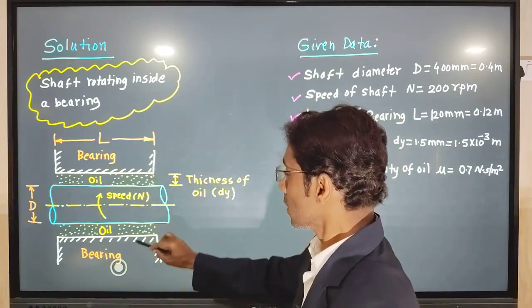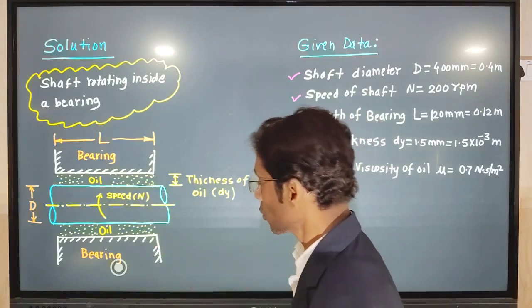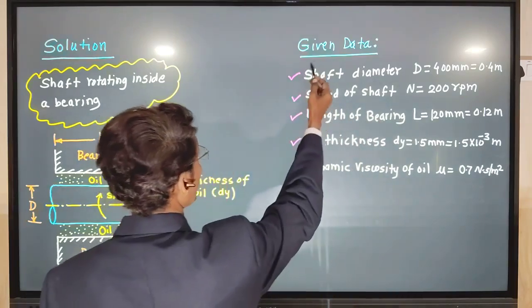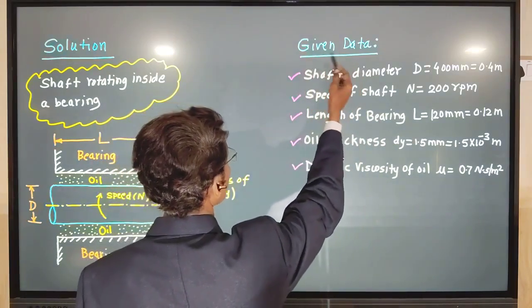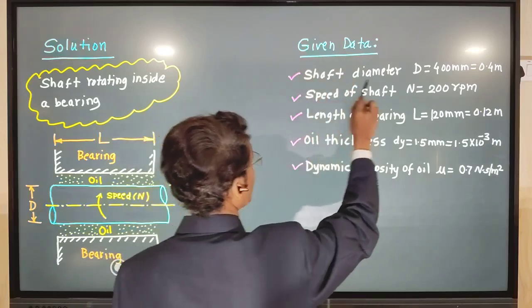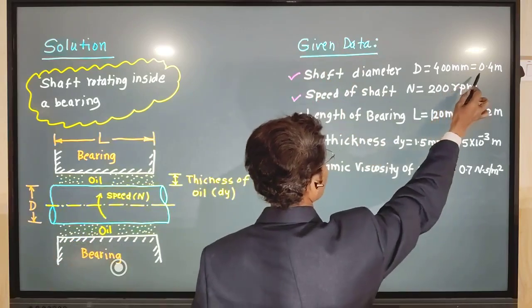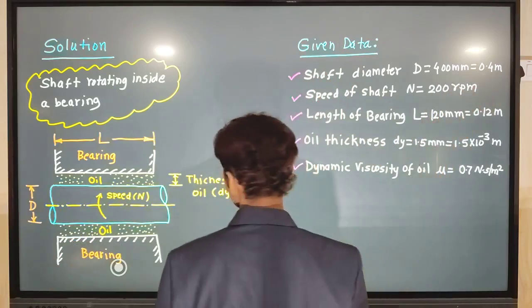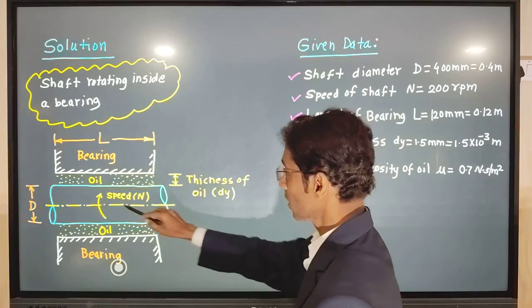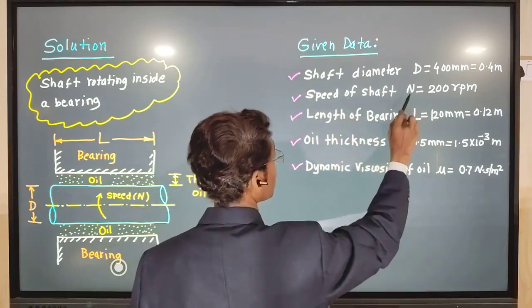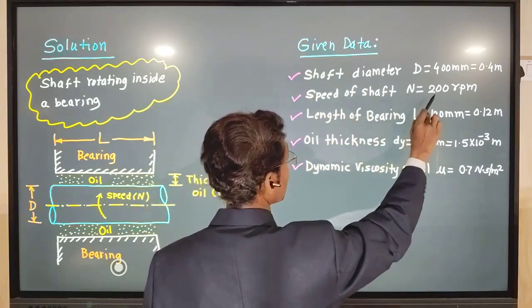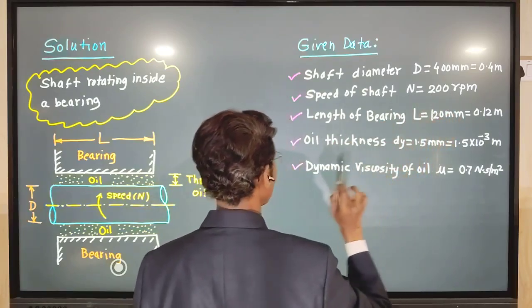Now the data mentioned in the numerical is given here under the title given data. Shaft diameter D in mm is given, and we convert that into meter. Speed of the shaft, n, is 200 rpm.